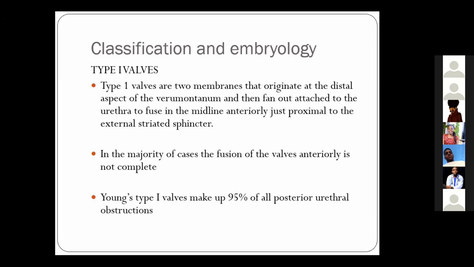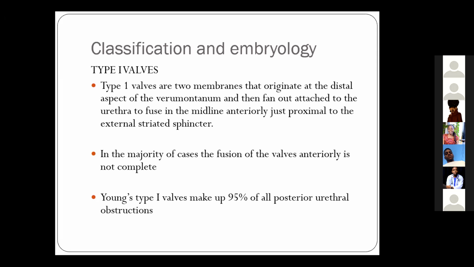In the majority of these cases, the fusion of these valves anteriorly is not complete, and therefore they leave a gap where someone can pass some urine. Of course, this arrangement means that if someone is trying to urinate, the urine may not pass, but the catheter is likely to pass.